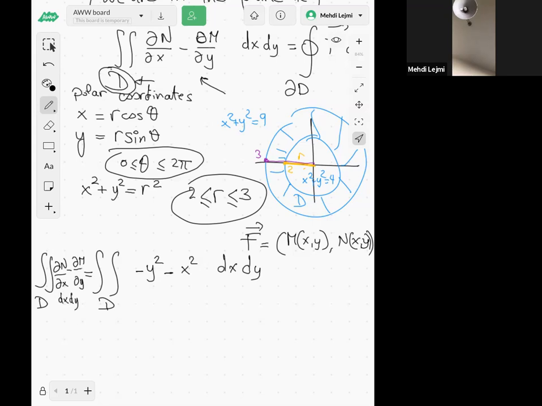This is the first side of Green's theorem.